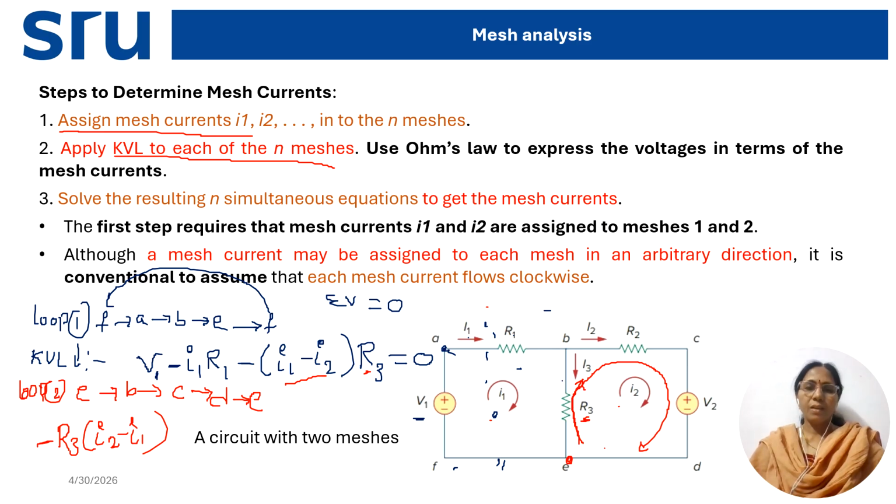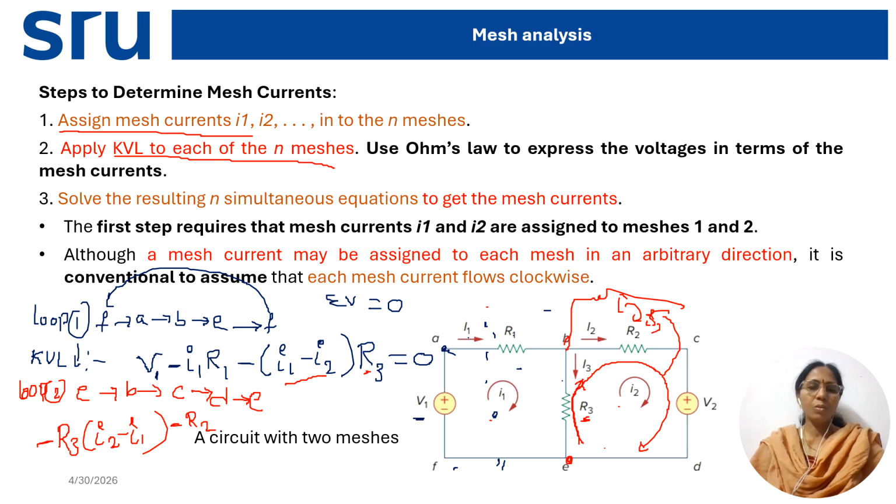Then after this, one more resistance, R2. So minus R2 into what is the current? This current is the same as the loop current, that is I2. Is there any other loop outside this? No, that's why we take only I2. If any other loop current were there, say I3, then you would take I2 minus I3.